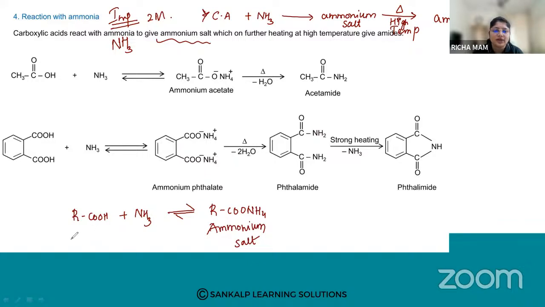So this is my carboxylic acid. I'm going to treat it with ammonia. What I'm going to get? Ammonium salt. This ammonium salt, I'm going to heat at high temperature. When heating takes place, a water molecule will be lost from this molecule.